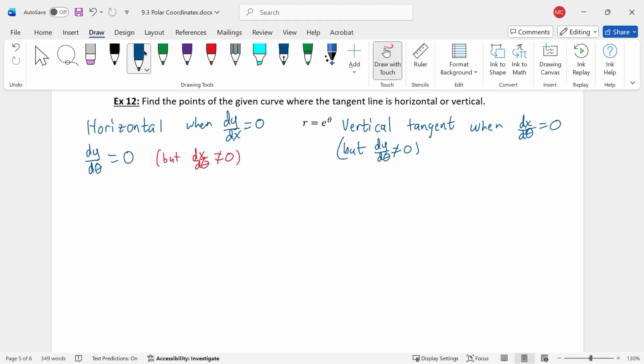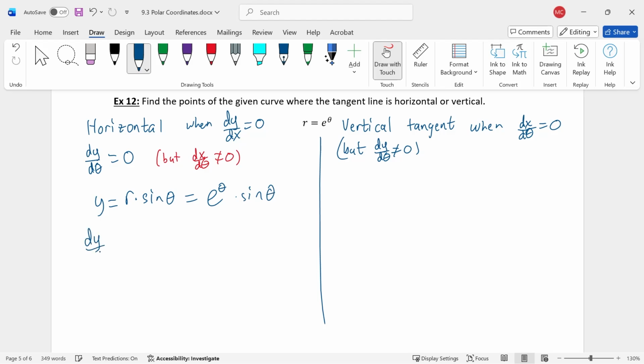Okay, let's go ahead and dive in. Since first we want to deal with when dy/dθ is 0, we need to know what y is. Well, y is r times sine of θ, so that's e^θ times sine of θ.